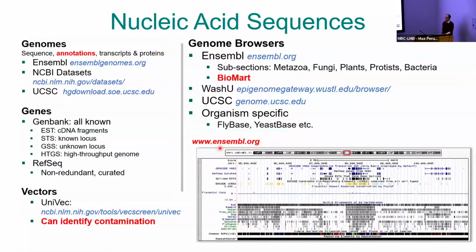It's a bit of a wild west, but it is very large, and often you can find what you want there. If you want something a bit more curated in a similar vein, RefSeq has automated and manually curated genes, and it's also non-redundant in its nature. So it's a more curated, more structured repository.